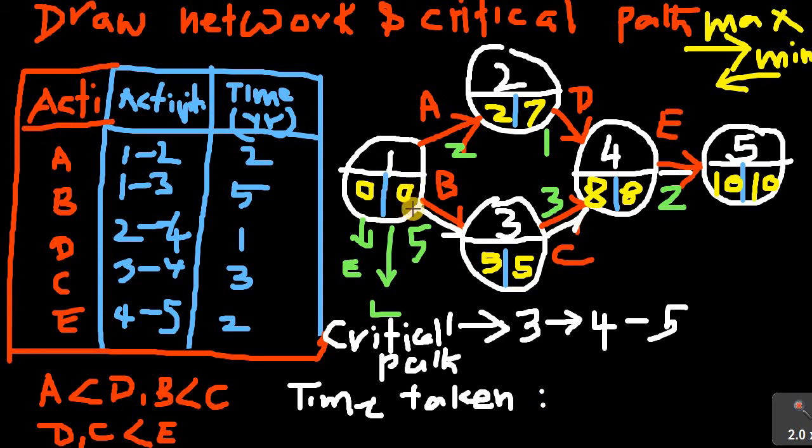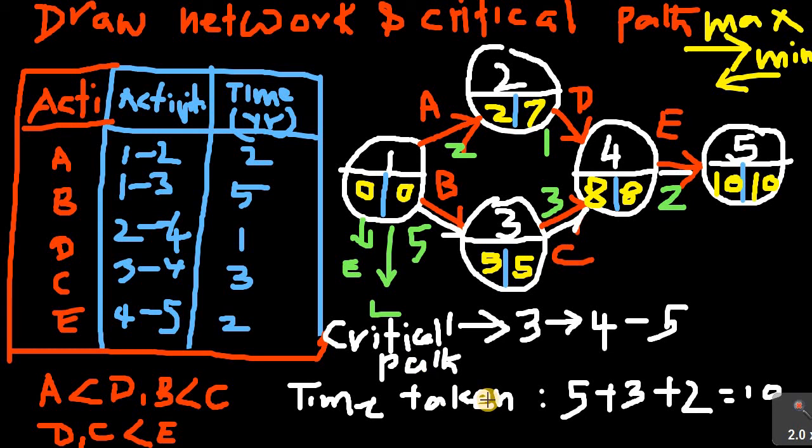Here from 1 to 3 is 5 years, plus 3 to 4 is 3 years, plus 4 to 5 is 2 years. So the total comes to 10 years. So 10 years is the time taken through the critical path.